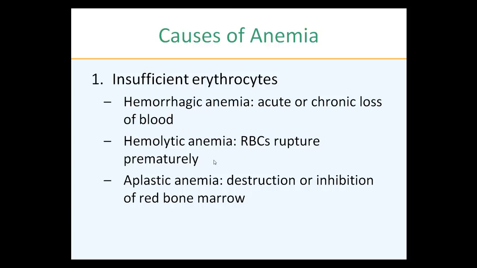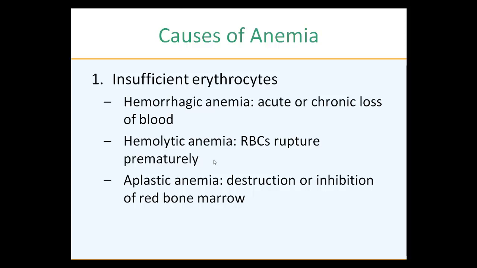That is true in sickle cell anemia, in thalassemia major and minor, in blood transfusion, and in some poisons, snake poisons that cause hemolysis of the red blood cells. At any event, we have red blood cells rupturing prematurely before their 100 days are due, and therefore you have insufficient erythrocytes.